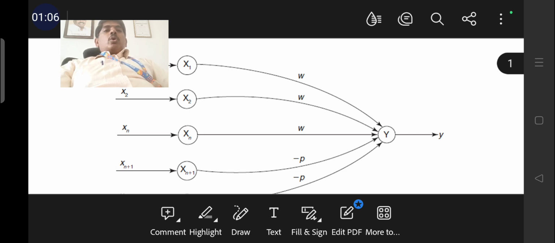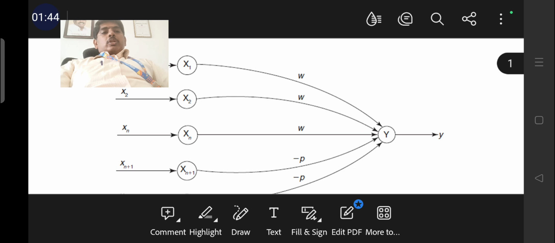See this diagram: the input neuron x1 is connected to the output neuron y through the connection link w1. Similarly, x2 is connected to the output neuron through the weight w2, and similarly up to the nth neuron, which is connected to the output neuron with the weight w. Each connection link has its own associated weight, represented here by w and p.